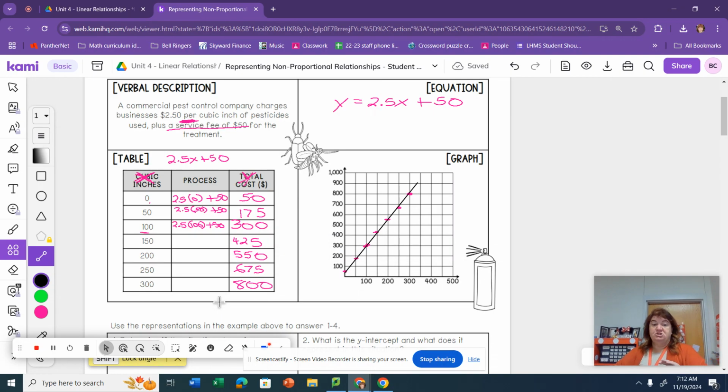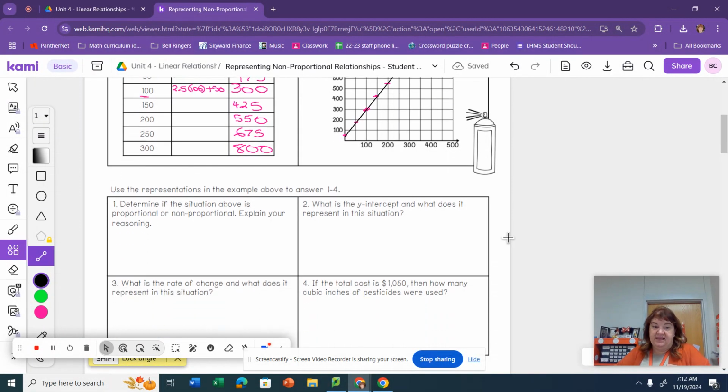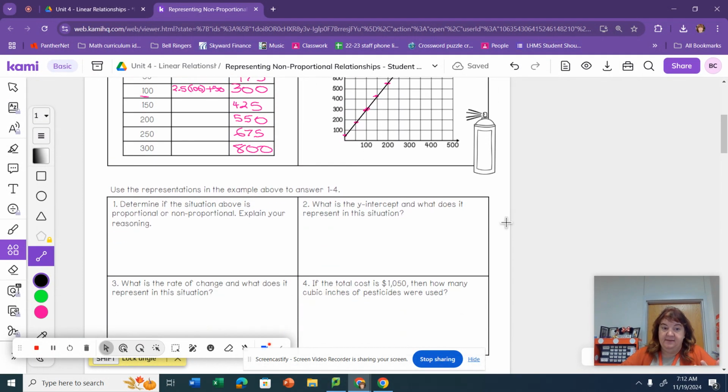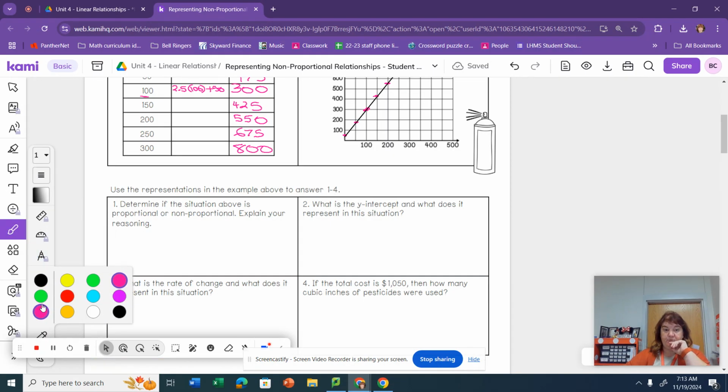Okay, so let's talk about this graph that we did. Determine if the situation above is proportional or non-proportional. So in this situation, it's going to be non-proportional because we have that plus number.